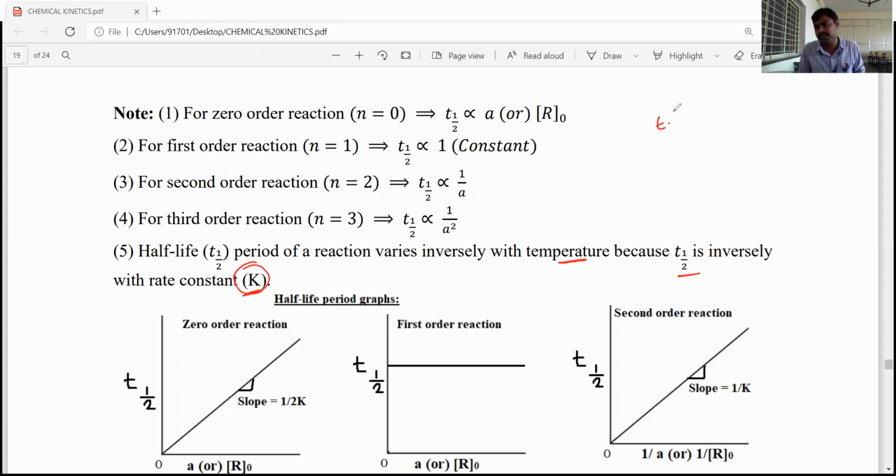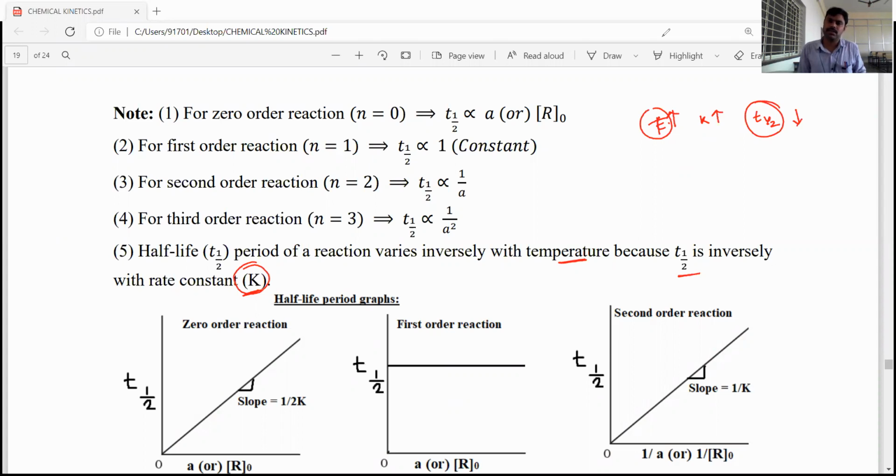If temperature increases, the K value increases, then the T half value decreases. So the temperature and half-life period relation is inversely proportional, because T half is inversely proportional to rate constant. In the same way, as temperature increases, the K value increases, and the half-life period value decreases.